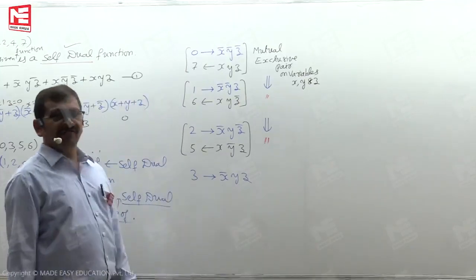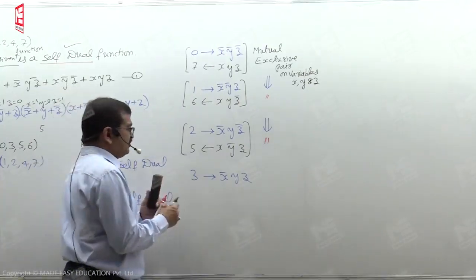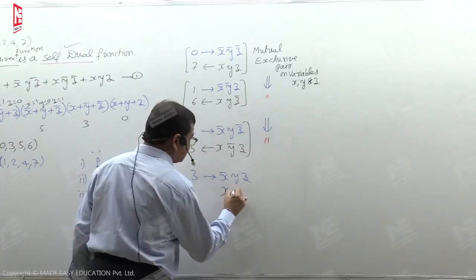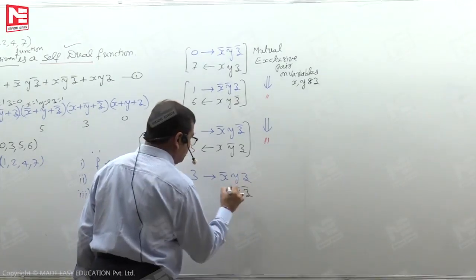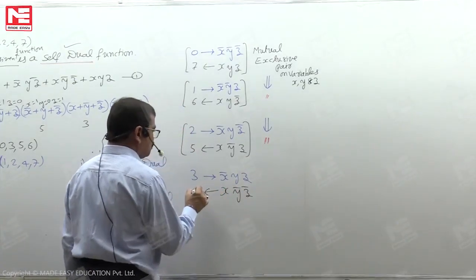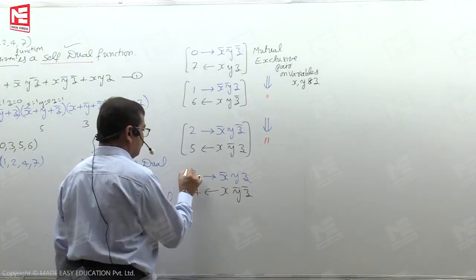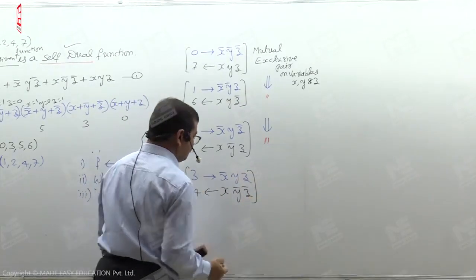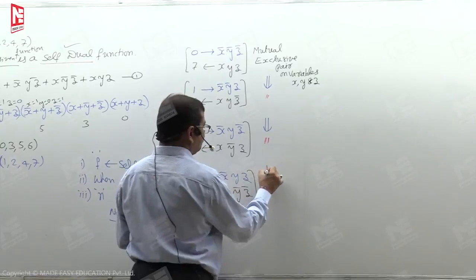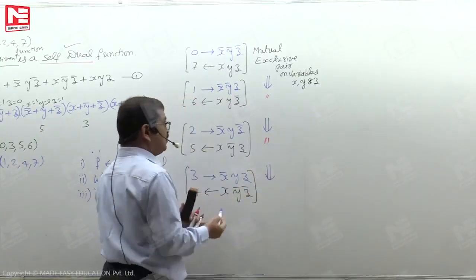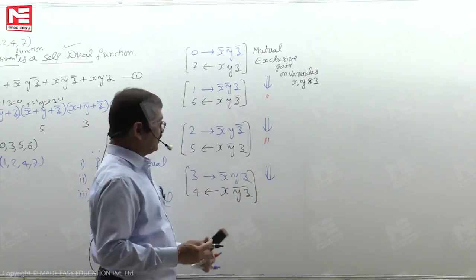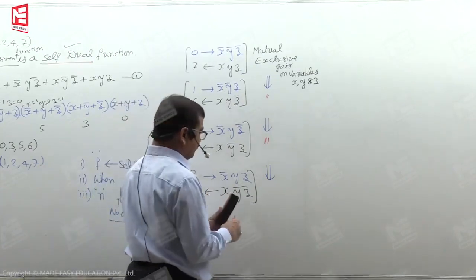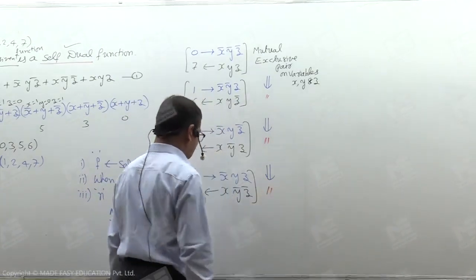Taking the complement of each literal, it is x, y complement, z complement, which is decimal 4. So 3 and 4 are also a mutual exclusive pair on variables x, y, z.